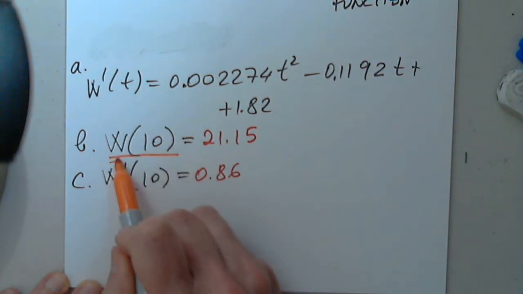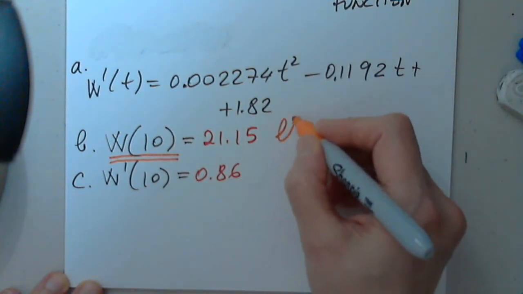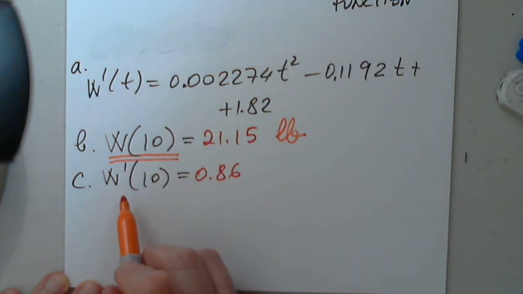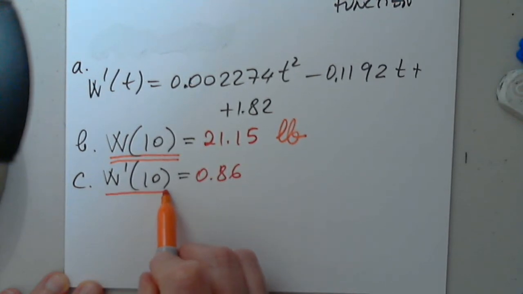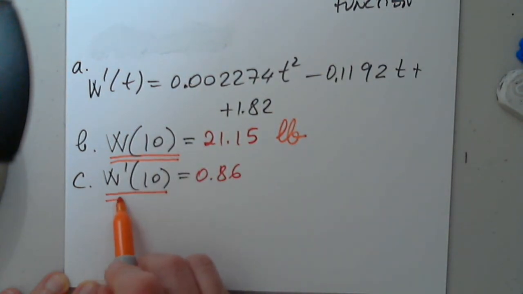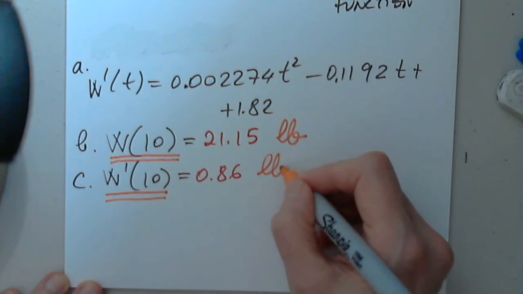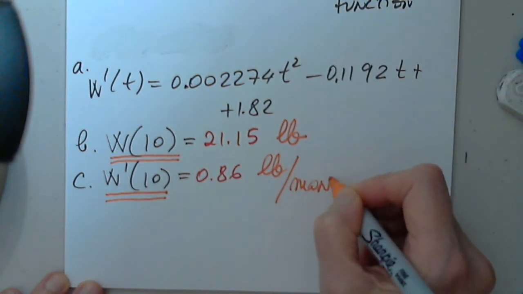The weight at 10 months, that would just be pounds. Very good. Now, the rate of change of weight with respect to time at 10 months. Pounds per month. Very good.